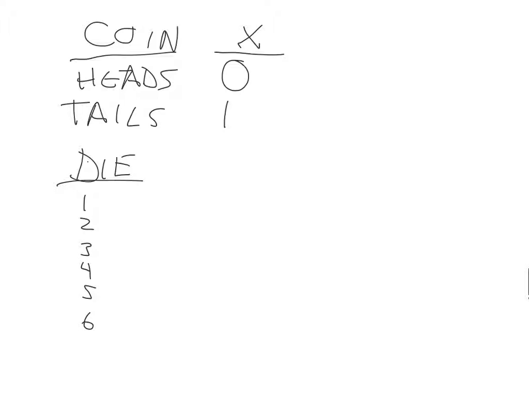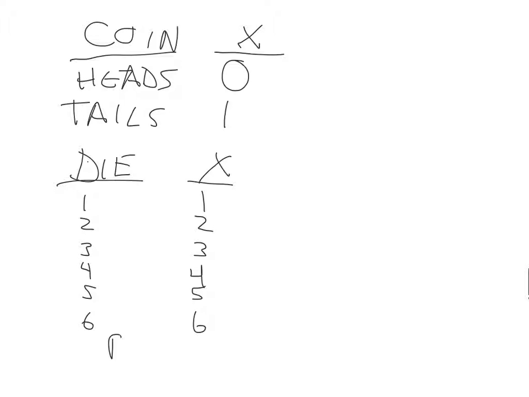Similarly, if I have the die, I've got that natural ordering. I'm just going to use that. I'm not going to be very creative here. And that's what I've just done when I take my outcomes and assign numeric values to them. That's essentially creating what's called a random variable.